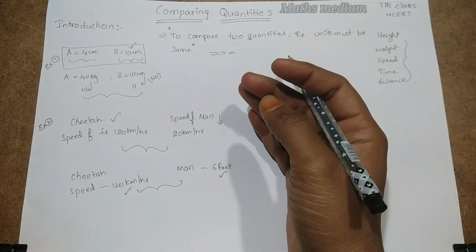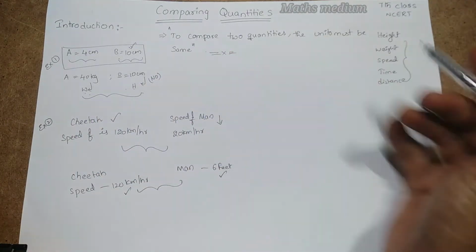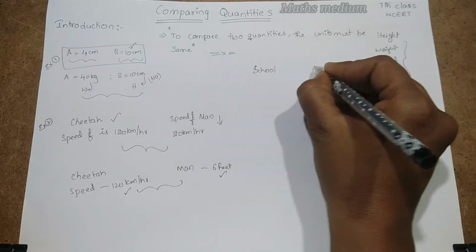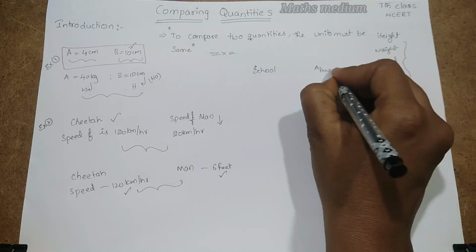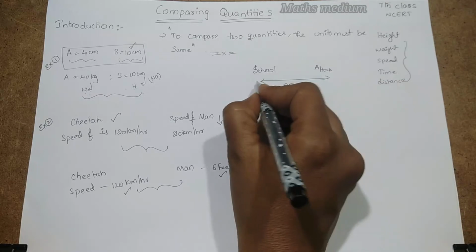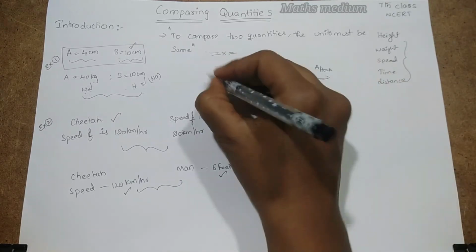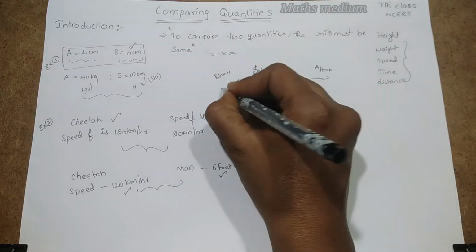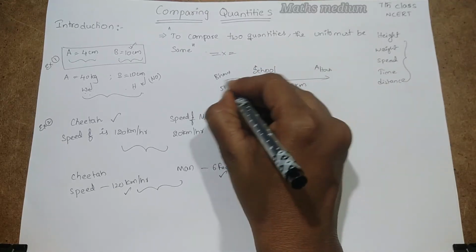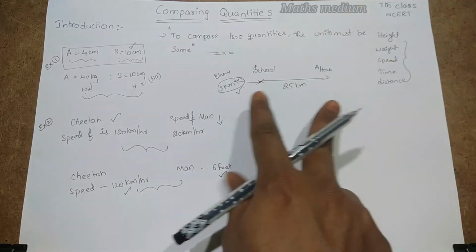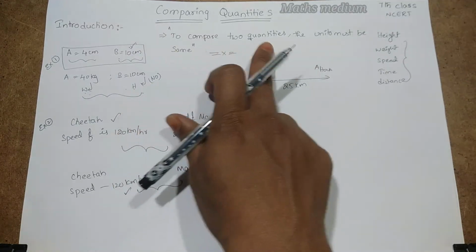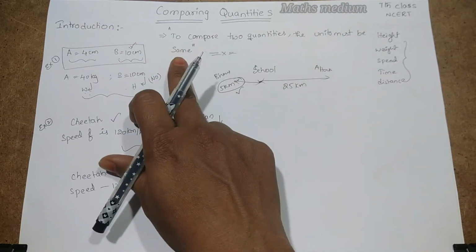Similarly, if you take distance also, let this be the school and this is A's house, it is 25 kilometers. This is the school and this is B's house, 5 kilometers. Then which one is near to the school? B. So we can tell by comparing these two quantities. Similarly, to compare two quantities, the units must be the same.